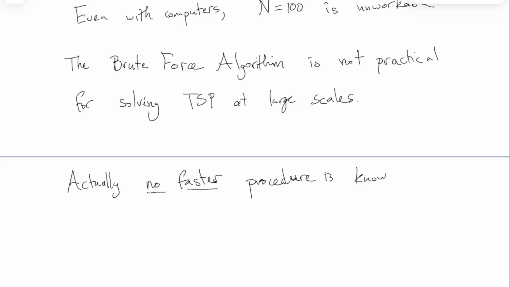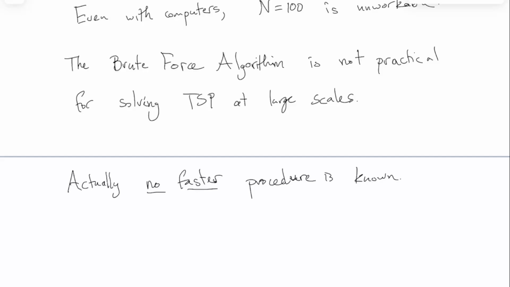You could say this is one of the major unsolved problems in mathematics, or people would classify this as more of a computer science problem. Can you design a faster procedure than the brute force which gives you the correct answer every time? And actually this is something that people are working on, but it's not known.